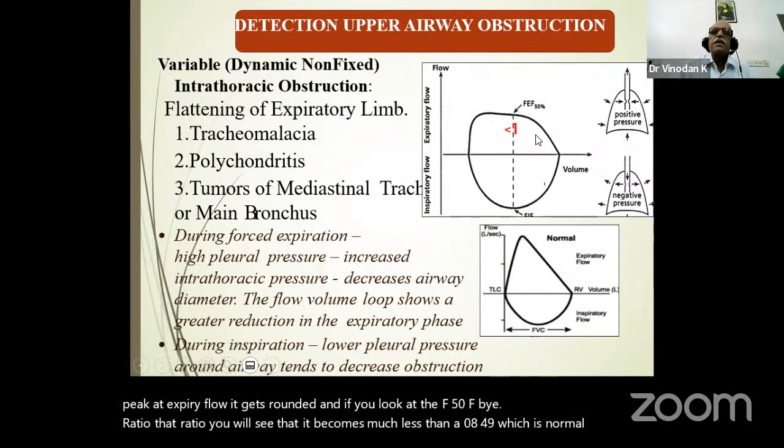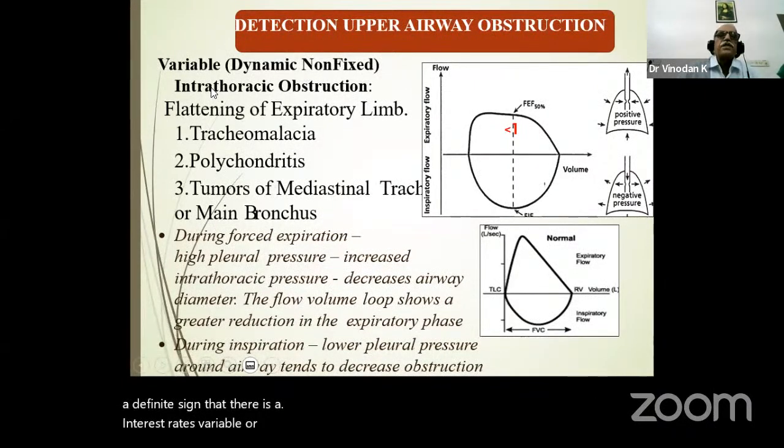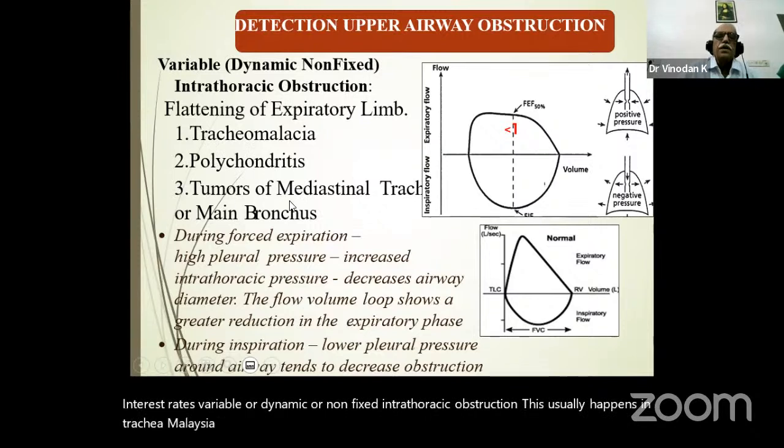That is a definite sign that there is a variable, dynamic or non-fixed intrathoracic obstruction. This usually happens in tracheomalacia, polychondritis, tumors of the mediastinal trachea, or main bronchus.